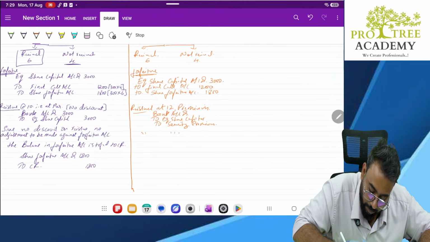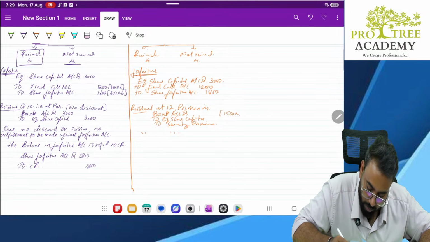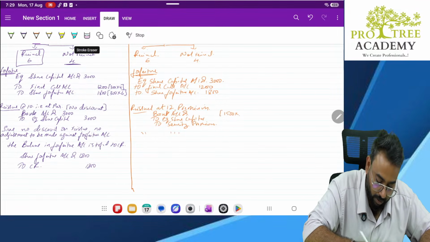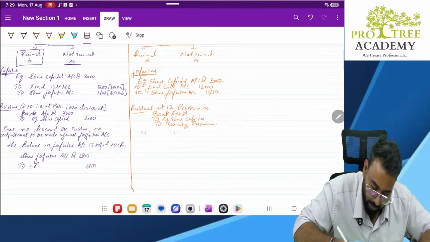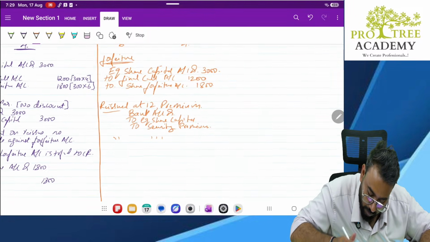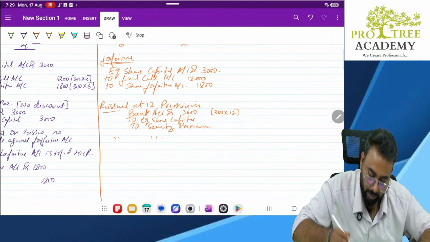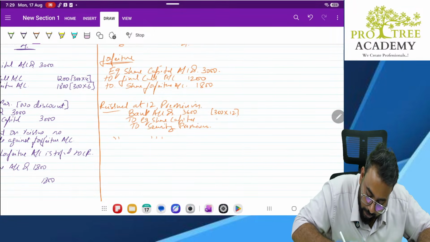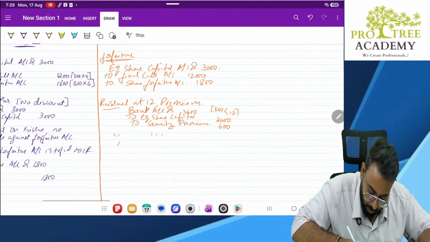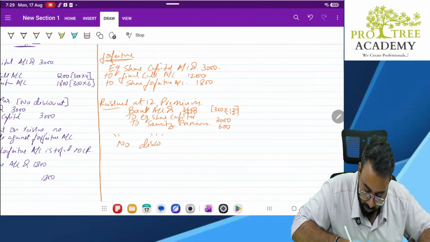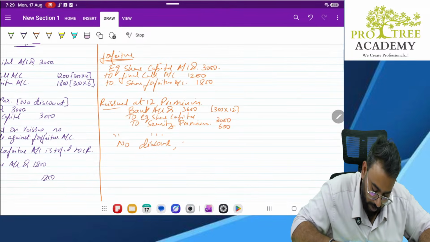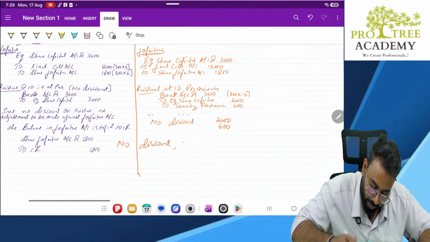How much you are receiving? 300 shares into 12 rupees, that will be 3600. 3000 to equity share capital, balance will go to security premium. No discount.